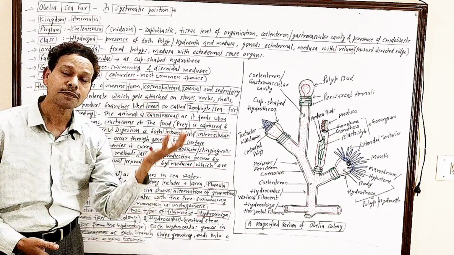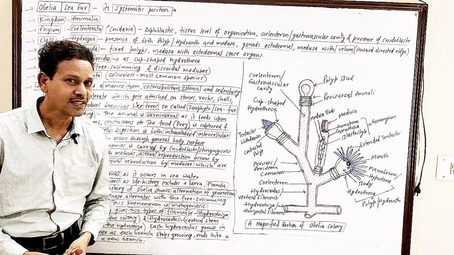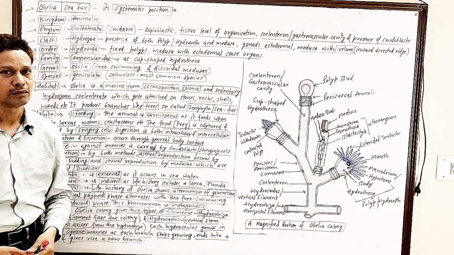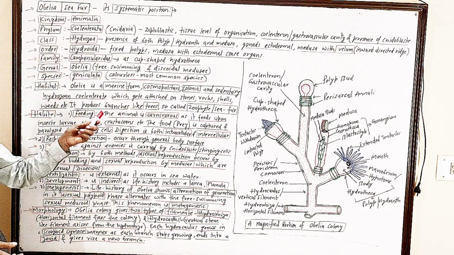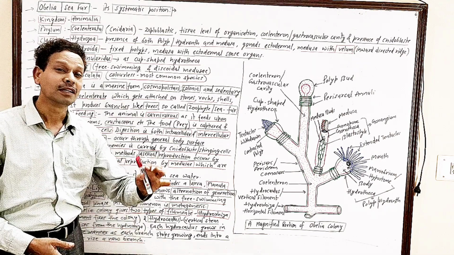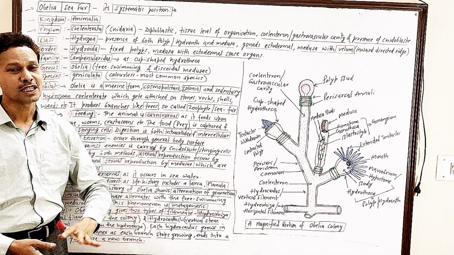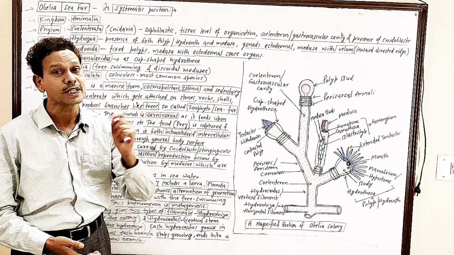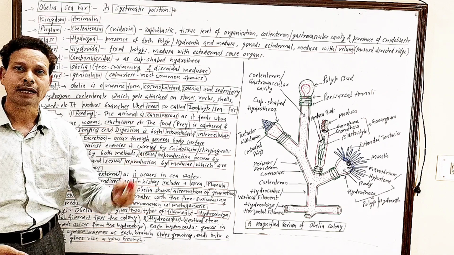Means no special type of excretory organs, and no respiratory organs. Defense. The animal uses special type of cells, nematoblast, cnidoblast or stinging cells for defense mechanism.